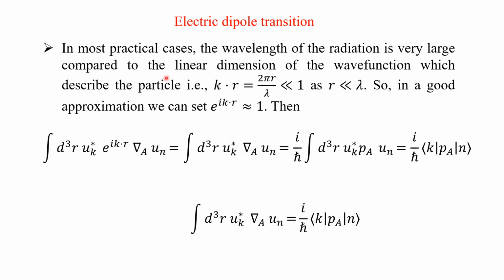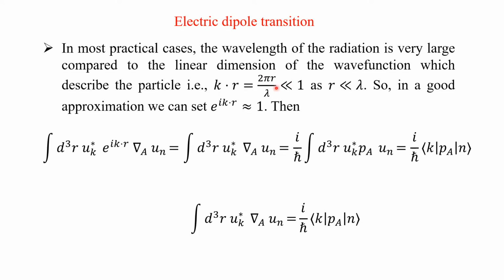In most practical cases, the wavelength of radiation is very large compared to the linear dimension of the wave function which describes the particle. k dot r is equal to 2 pi by lambda times r. Here r is the atomic distance, which is very much less than the wavelength of light, which varies from 400 nanometers to 800 nanometers.